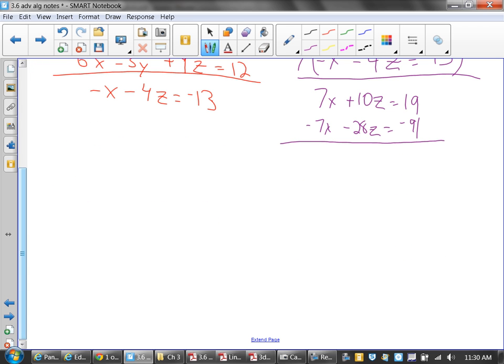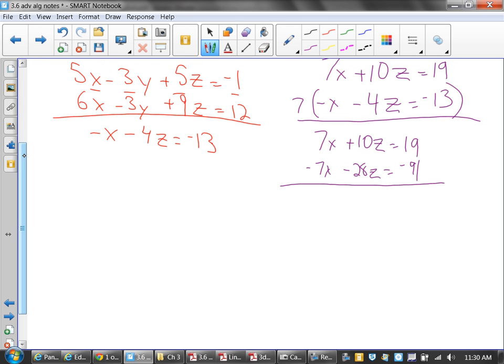Like I said, you run out of space real fast on these problems. You know what? -18z is, no, it's adding. So it's 110.